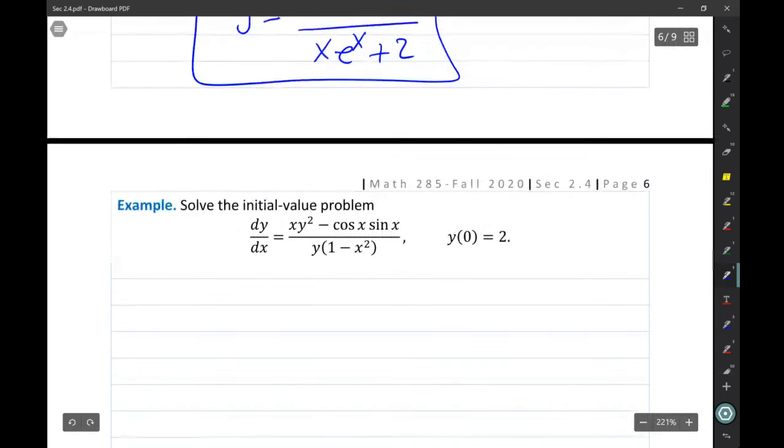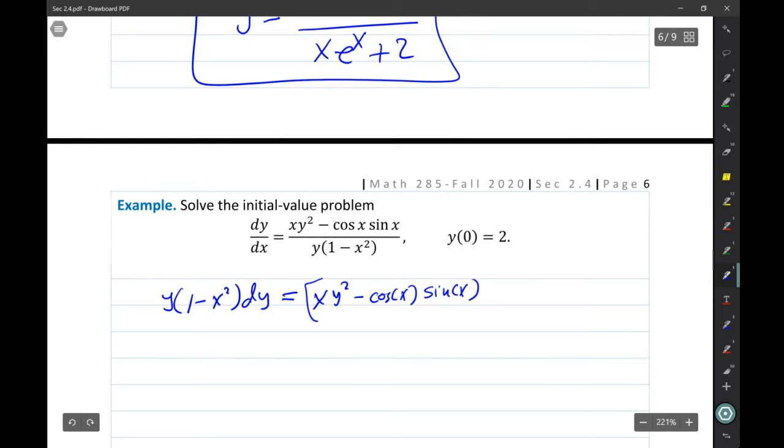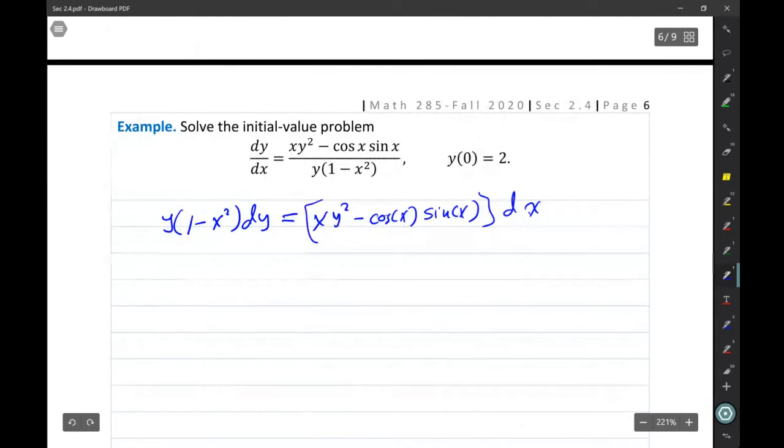Multiply both sides by y times 1 minus x square and by dx, that becomes y times 1 minus x square dy is equal to x y square minus cosine x times sine x times dx.